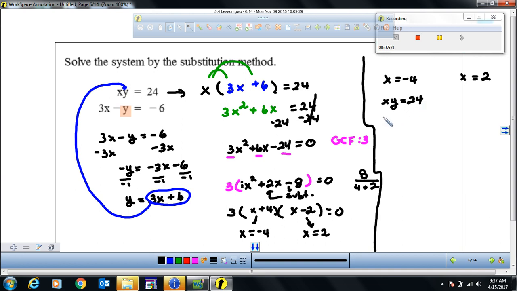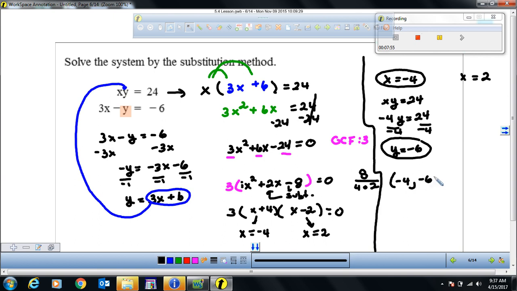We already know that x is negative 4, so negative 4 times y equals 24. To leave the y by itself, we divide both sides by negative 4. That gives us y equals negative 6. So when x is equal to negative 4, y is equal to negative 6. The first solution is negative 4, comma, negative 6.